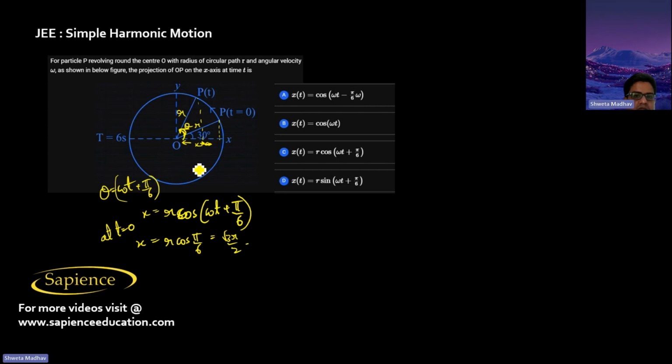So x should be equal to r cos omega t plus pi by 6. So option C is the correct answer. It means the angle theta should be from here to here, and theta is equal to omega t plus pi by 6, since this angle will be equal to omega t.